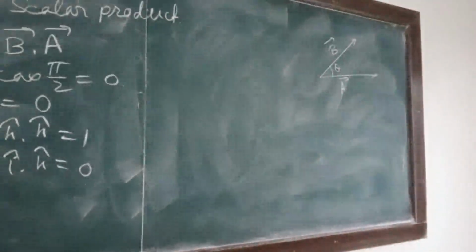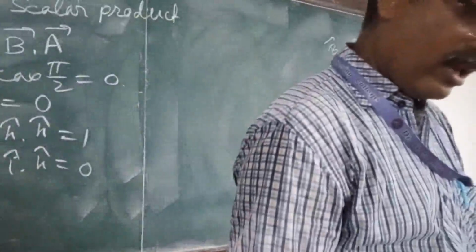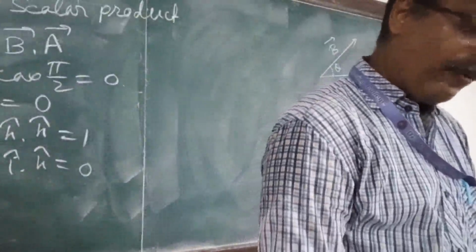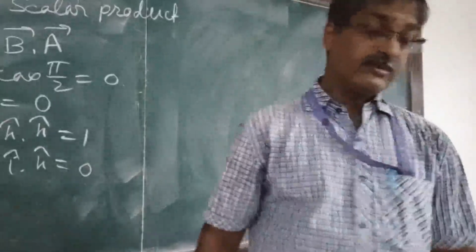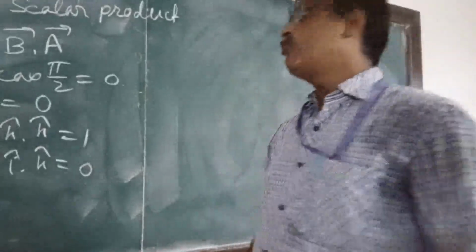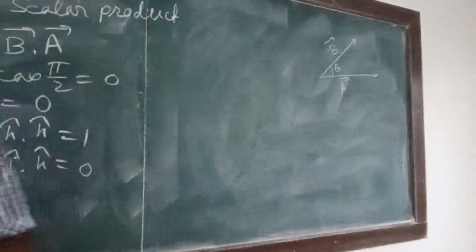Number 3. Scalar product of two vectors is distributive.